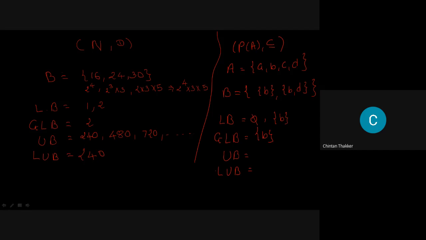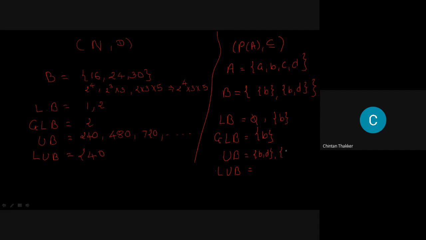अपर बाउंड में कौन से एलिमेंट्स आएंगे? The upper bounds are {b, d}, because singleton {b} is a subset of {b, d}, and this is also a subset of itself.